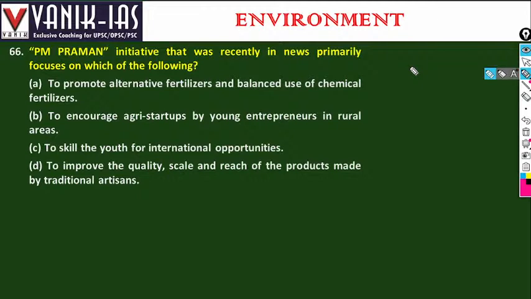So what is PM PRANAM? PM PRANAM is to promote alternative fertilizers and balanced use of chemical fertilizers, because the government wants to improve organic agriculture, right? That's why alternative nutrients, for example, biofertilizers, compost. That's why the government has launched PM PRANAM. So A is the answer.